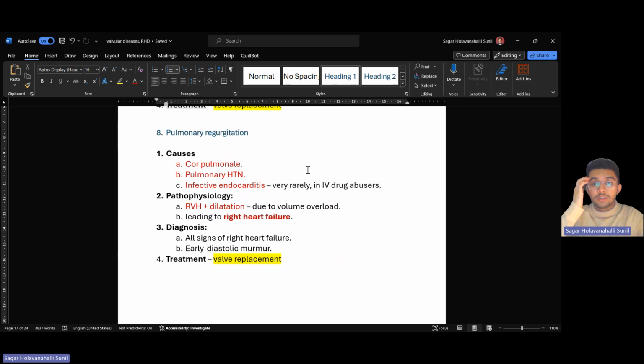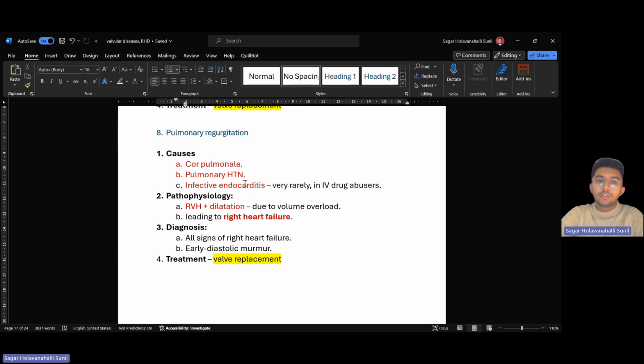It's quite common because they are basically injecting the drug into their veins, and through this, there can also be transmission of microorganisms, which can cause endocarditis. If you imagine the flow of blood from the veins, it's going to go into the right side of the heart and into the pulmonary artery, and can cause infective endocarditis. Just remember IV drug abusers for pulmonary regurgitation.